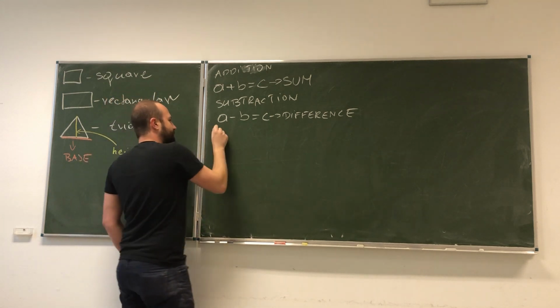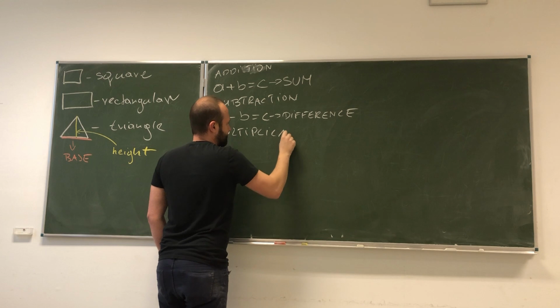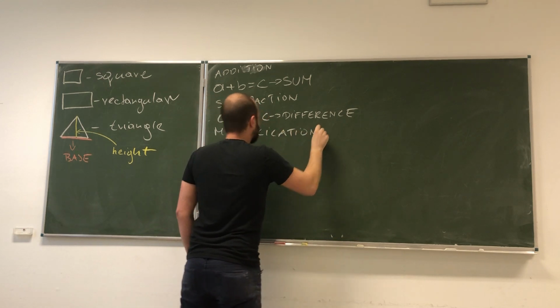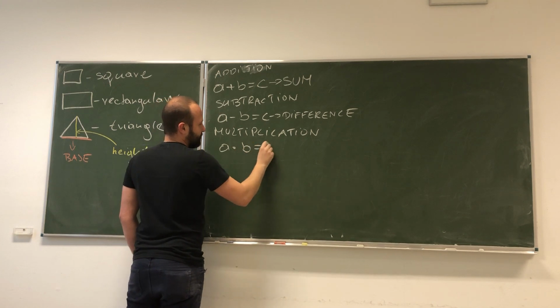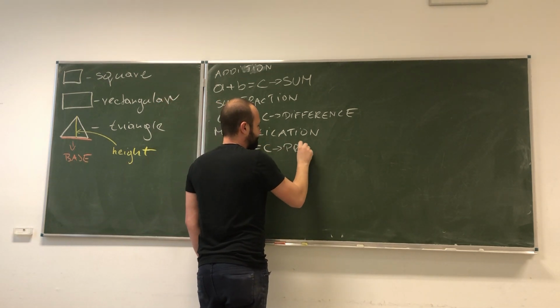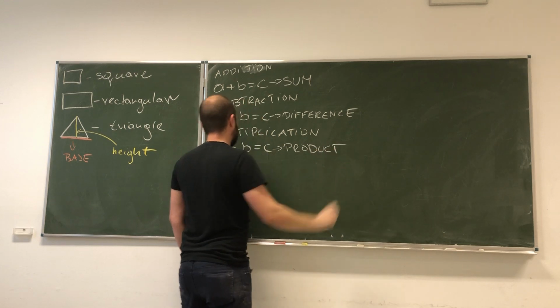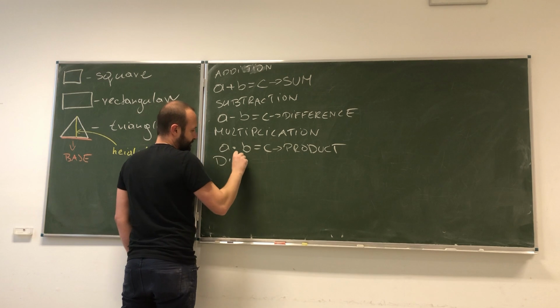Then, we've got multiplication. So here we have A times B equals C, and the outcome of this operation is called the product. Then we've got division.